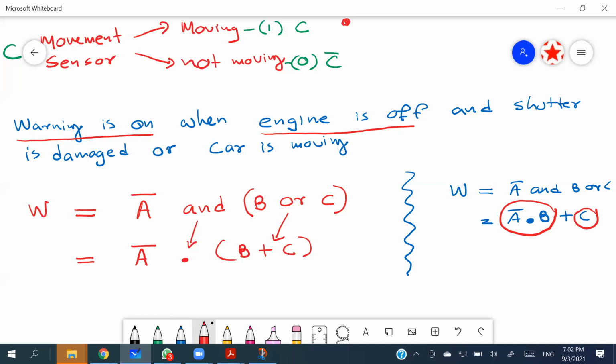Now, this indicates what? Your alarm is going to buzz when the engine is not on and the glass breaking happens. So it is a correct scenario.